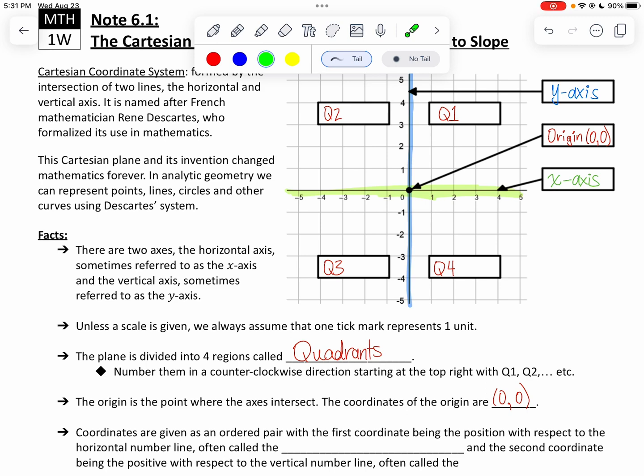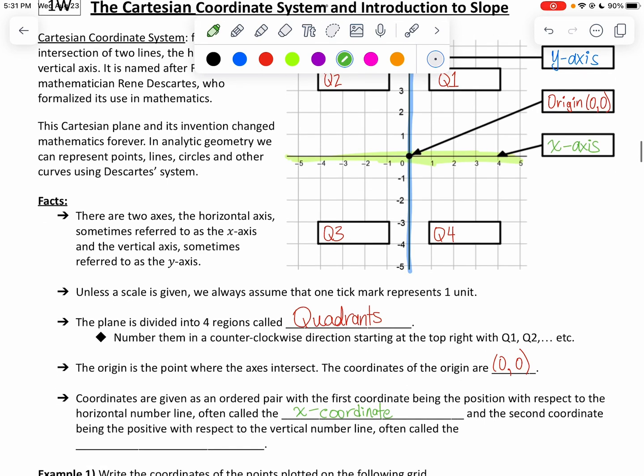When we give coordinates, we give them as an ordered pair where the first coordinate is the position with respect to the horizontal number line, which we often call the x coordinate. And the second coordinate that we indicate, being the position with respect to the vertical number line, is often called the y coordinate.